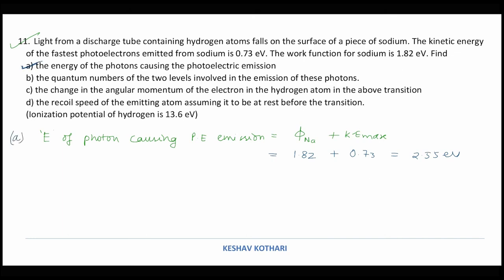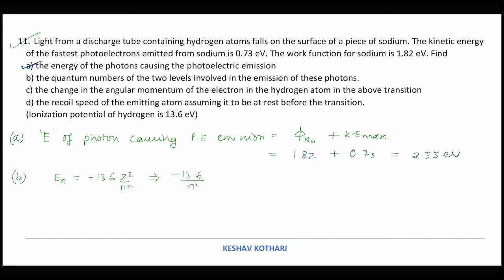Now the next one is asking the quantum numbers of the two levels involved in the emission of these photons. So we begin by writing this formulation: for the hydrogen atom, we know that the value of total energy can be written as minus 13.6 Z square by n square. Now since a hydrogen atom is involved, we write it as minus 13.6 by n square.